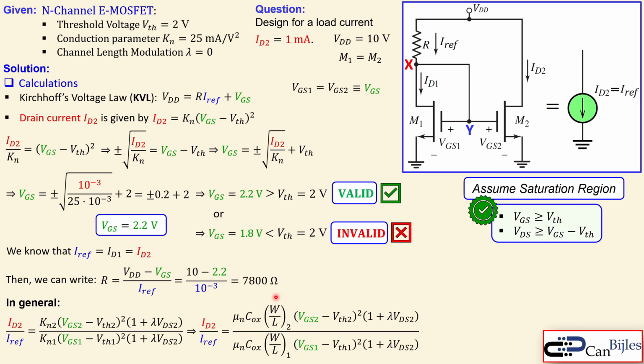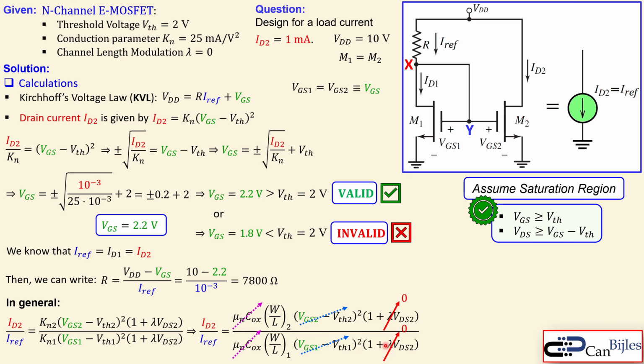You see here the physical dimensions, but this is for both transistors exactly the same, so we can divide it out. Since we have the same threshold voltage, so V threshold 1 and V threshold 2 are exactly the same, and also the gate source voltage are exactly the same, we can also divide these two out. We also know that the lambda is equal to 0, so this is 0 and that's also 0.